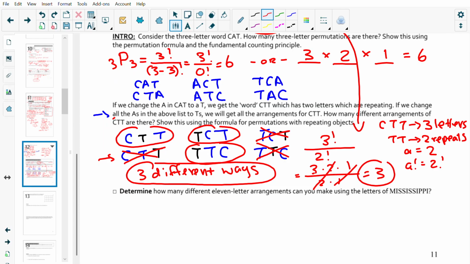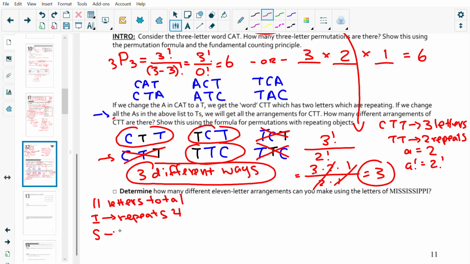Okay, another example. Determine how many different 11-letter arrangements you can make using the letters of the word Mississippi. Okay, Mississippi. There are 11 letters in all. Letter I repeats how many times? 4 times.